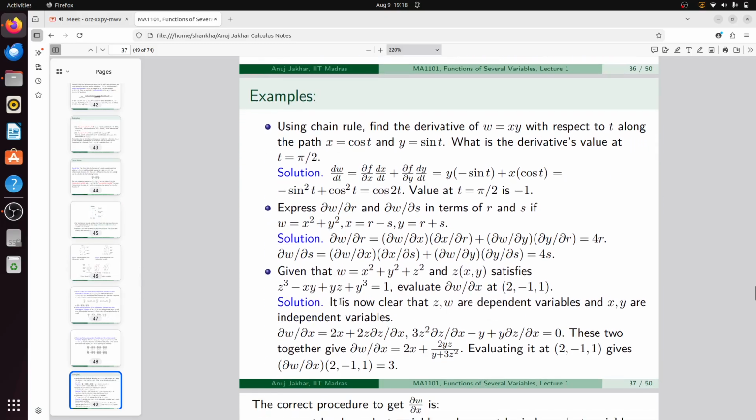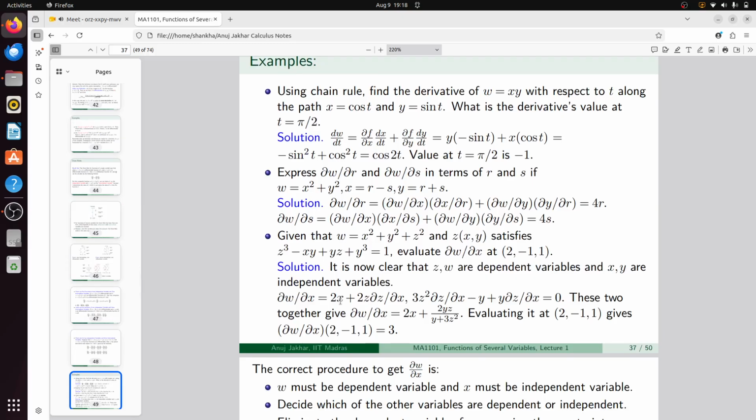So now express del w del r and del w del s in terms of r and s. If w equal to x square plus y square, x equal to r minus s, y equal to r plus s, del w del r equal to del w del x del r plus del w del y del r equal to 4r.